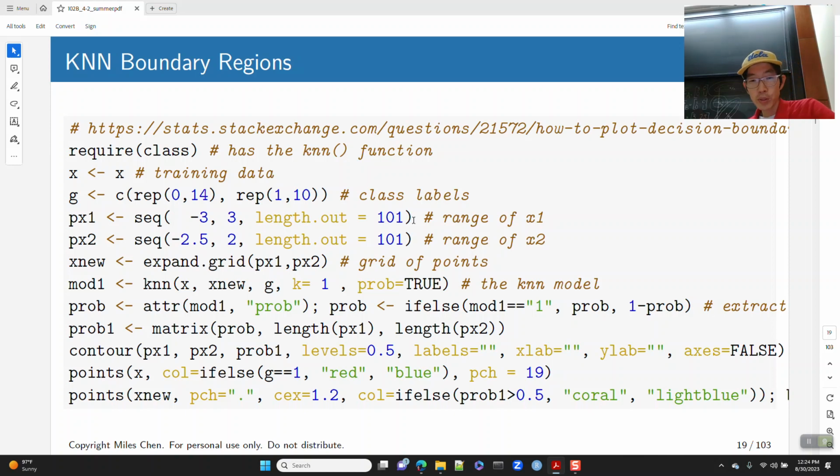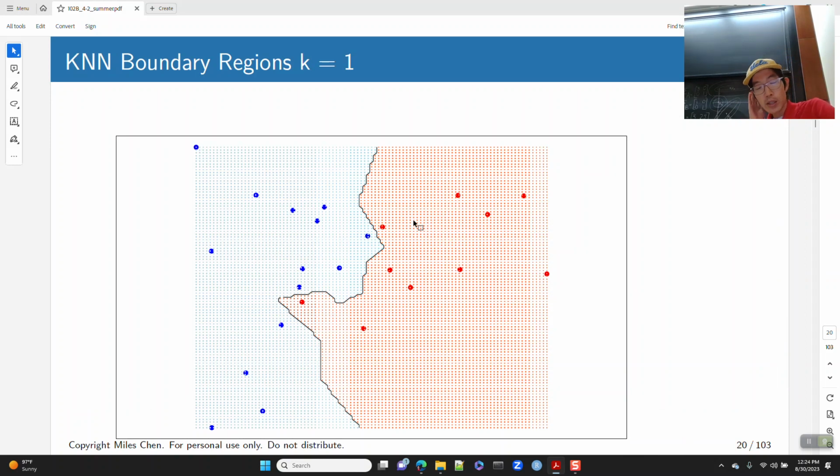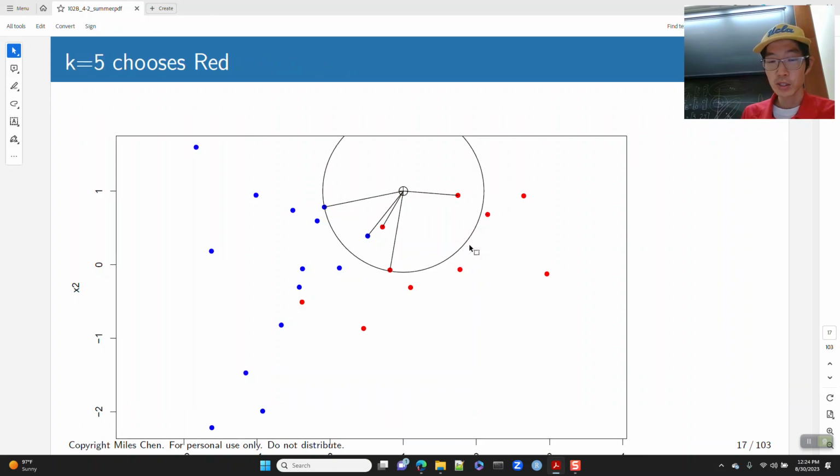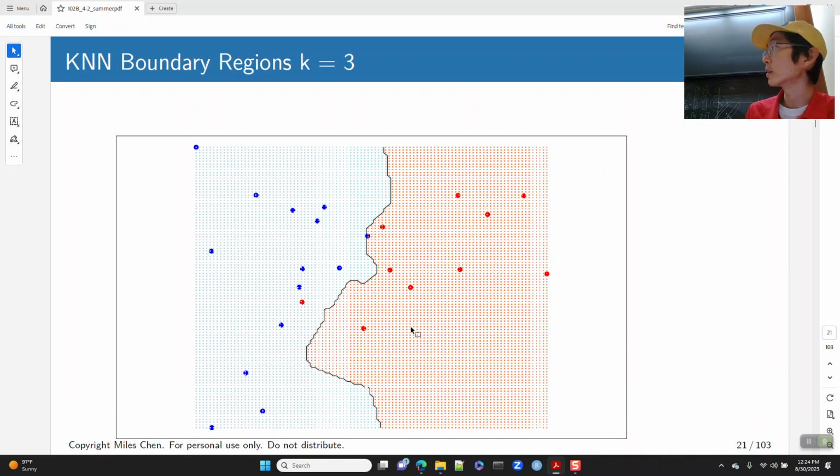This is just some code that I copied off of a Stack Exchange post for how you draw boundary regions. The training data is the same. If I scroll back to here and you look at these points, the blue points and the red points, these are the same blue and red points.